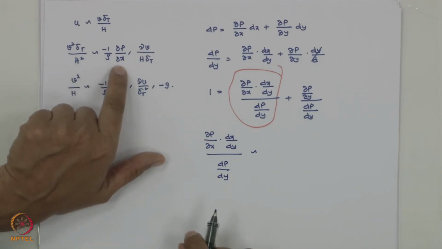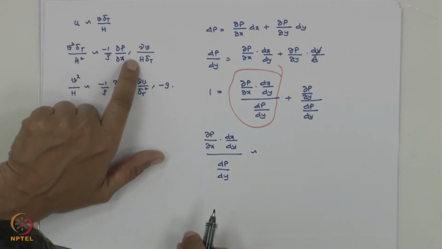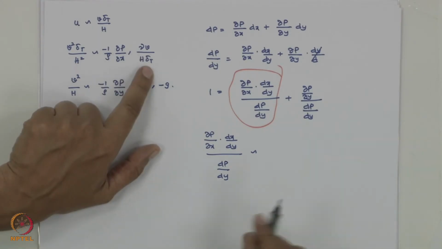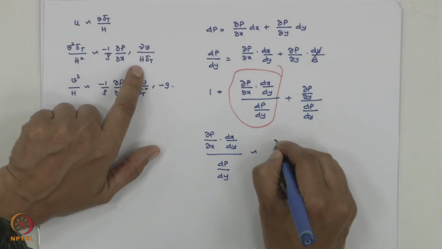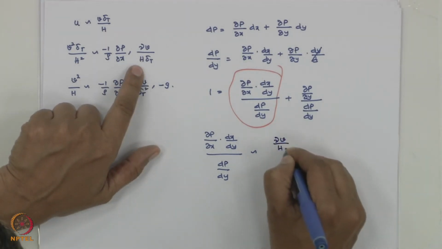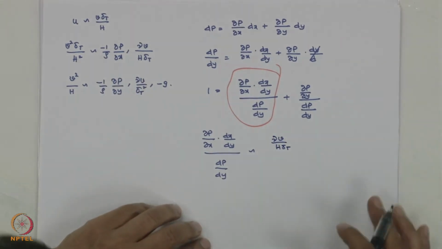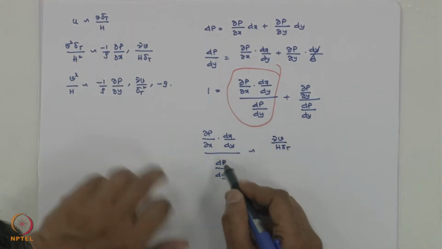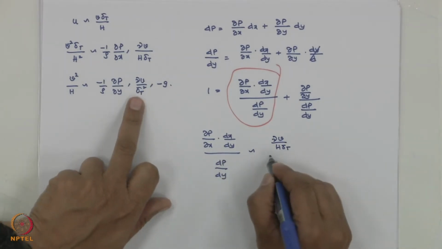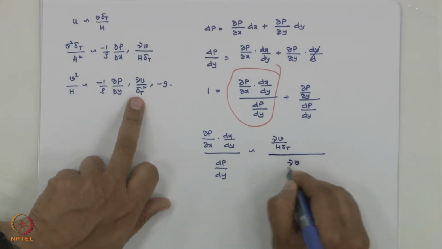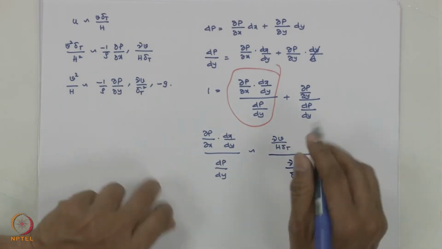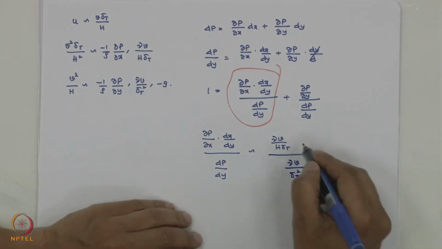The del p by del x order would be the same as the viscous term, so that is nu v by h delta t into rho. Actually I should do that, but I don't try to do that, because for the denominator dp by dy also I will take the scale as nu v by delta t squared, so that way rho would have cancelled out, I wouldn't have made any mistake.